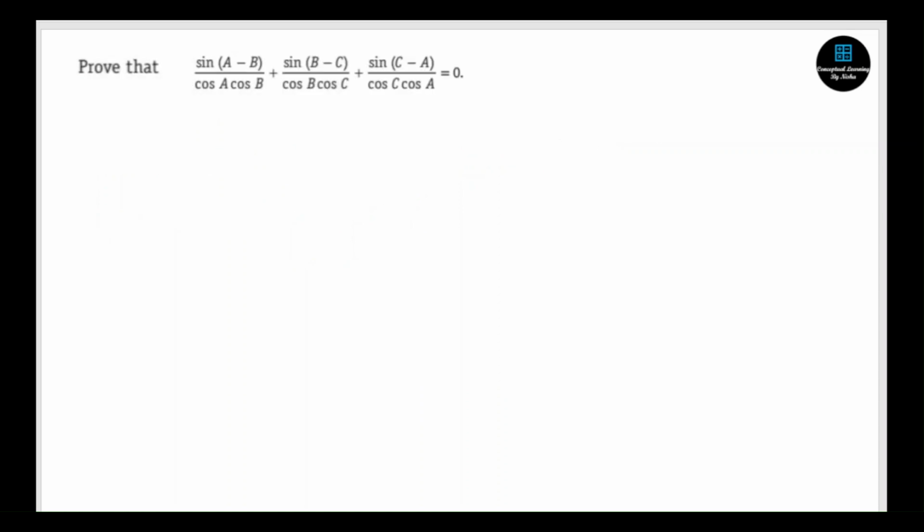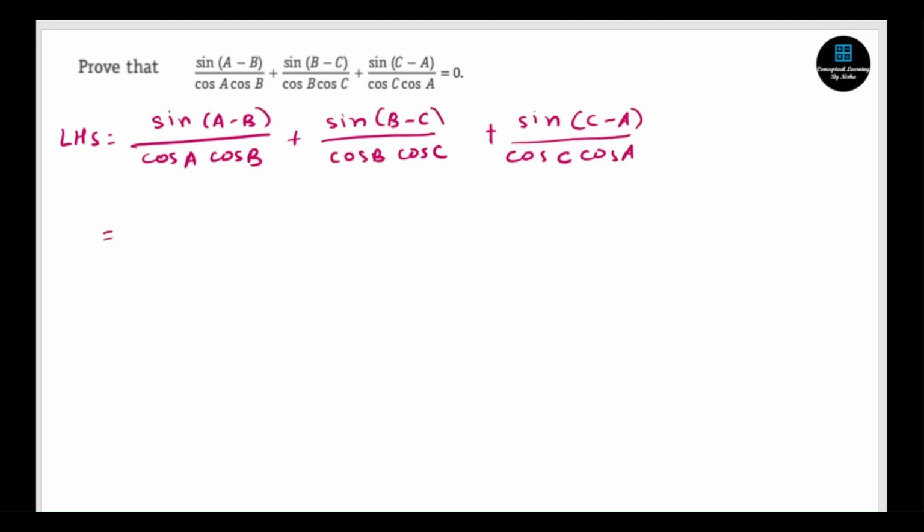Now we have to prove that this equals 0. We'll start with the LHS. First of all, we'll simply write the question. Now the LCM is cos A cos B cos C. So I multiply here with cos C, and then apply the sin(A-B) formula.